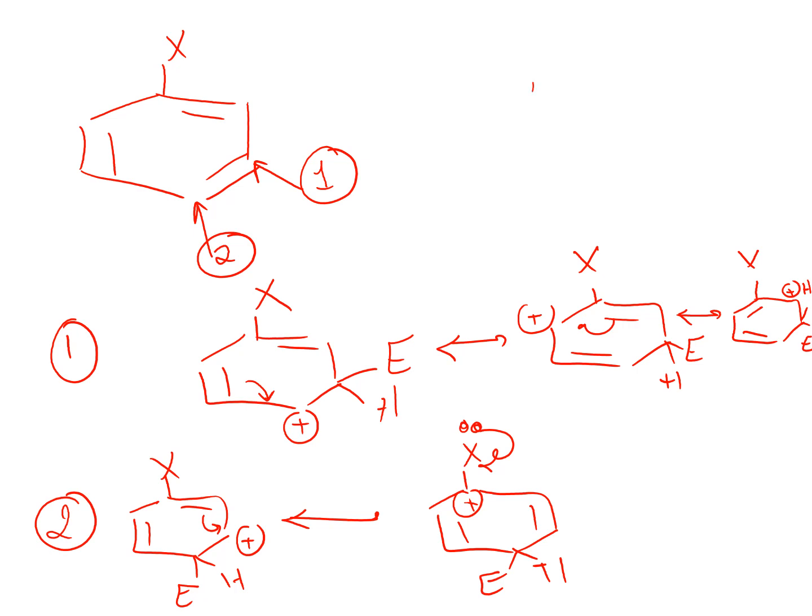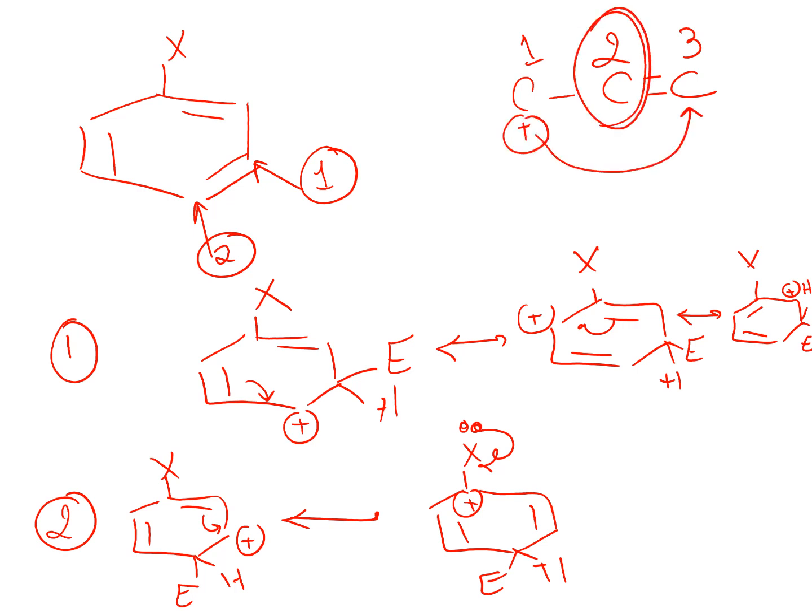If you remember, we said that a resonance involves atoms 1, 2, and 3. The charge moves from 1 to 3, so you are always jumping the 2 position, which is always the meta position. You will never be able to introduce a charge, whether positive or negative, to a meta position of the ring.